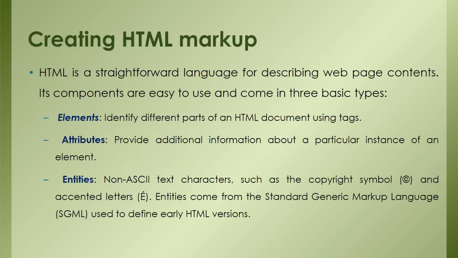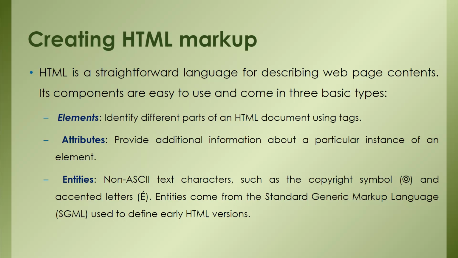When you are creating HTML markup, a straightforward language for describing web page content, there are elements, attributes and entities. Elements identify different parts of the HTML document using tags. Attributes mean we can give some additional information.